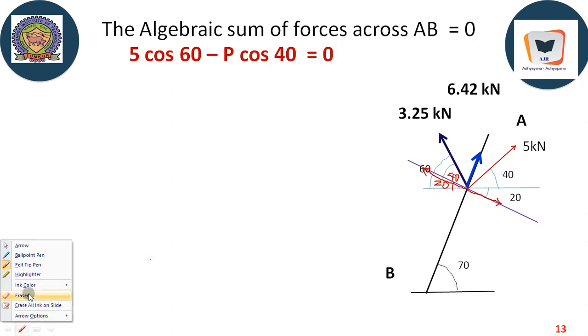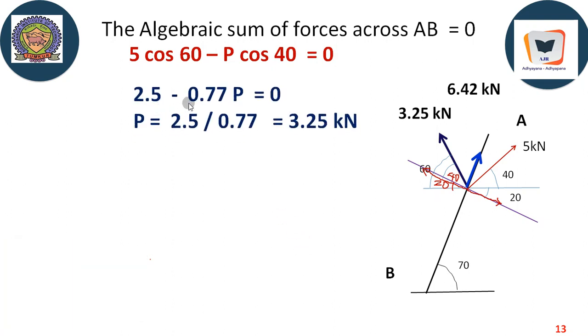Now we will continue. So 2.5 minus 0.77P equal to 0, because the question is to find the resultant along AB. Along AB means the effect is only along AB. The effect perpendicular to AB is equal to 0. And if you are asked to find the resultant along AB, the directionality of the resultant is fixed, and we are making this axis the y-axis, and this the x-axis.